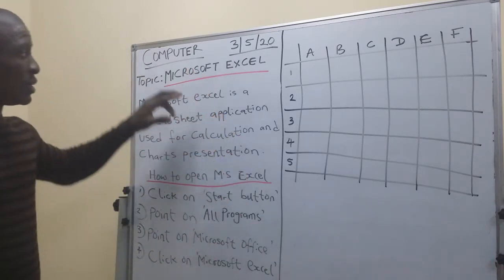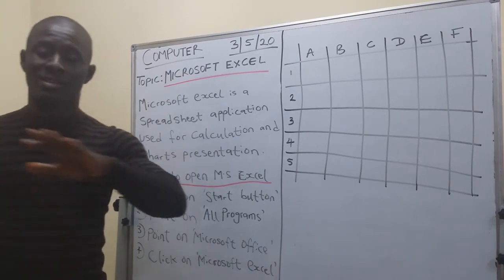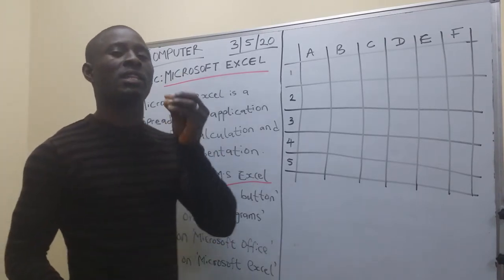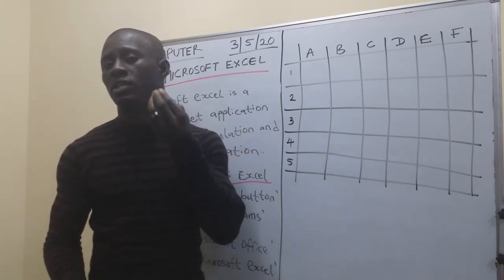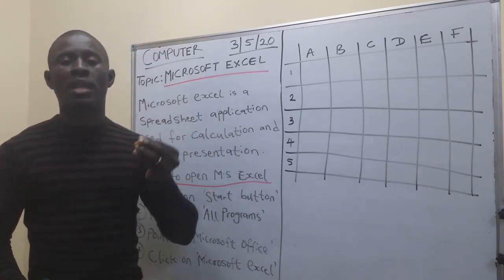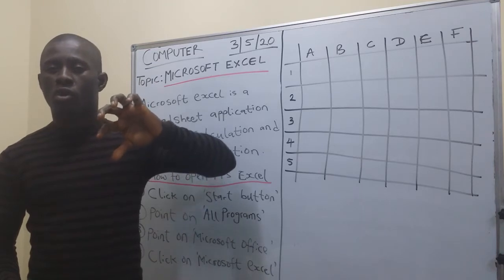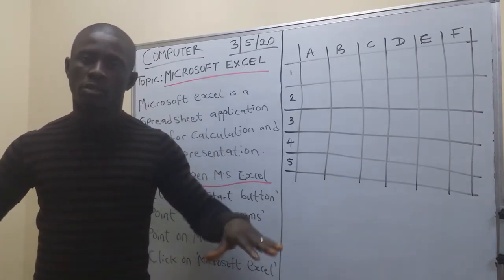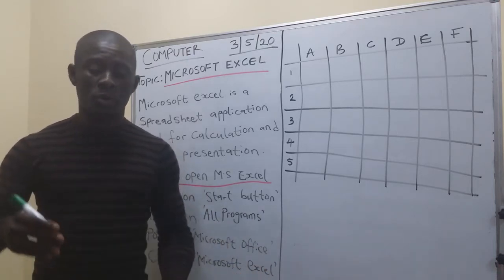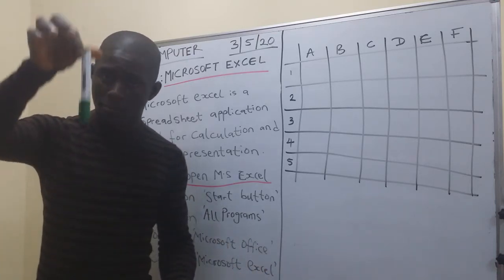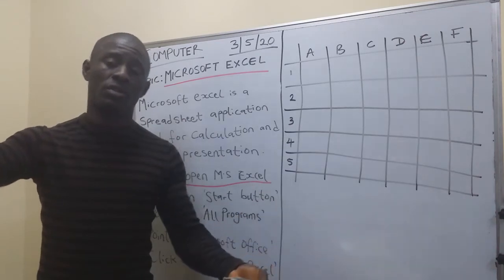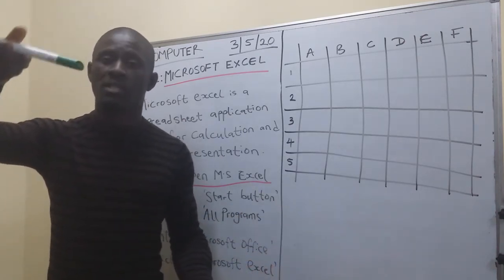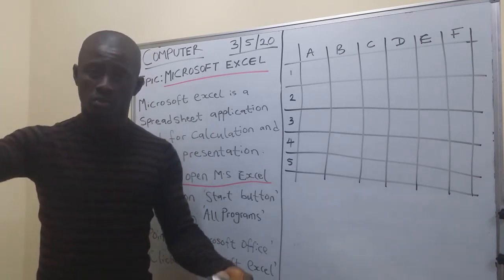From the beginning, what is Microsoft Excel? Though it doesn't have a particular definition, it would be nice for us to coin a definition based on its functions. For example, when you ask what is the meaning of a marker, there's no particular definition, but by its use you can say it is what we use to write.